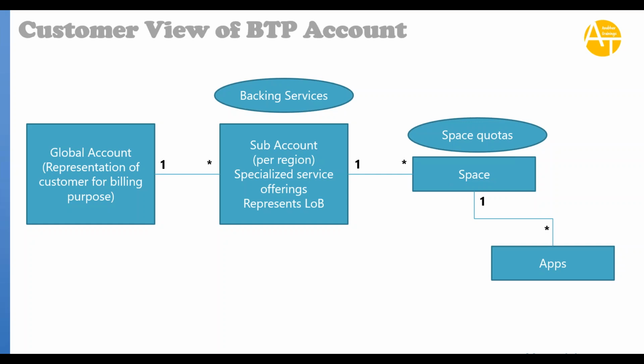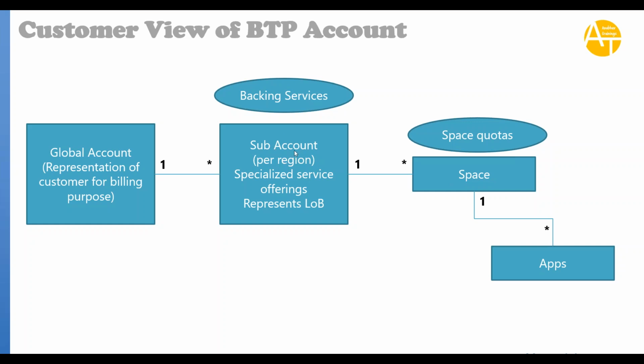You want each subsidiary, each entity, or each department to segregate their memory usage, their HANA usage, their service usage, because services are costly. Each service costs differently. You may not need all the services in all the regions and departments. You need selected services in selected departments and regions.